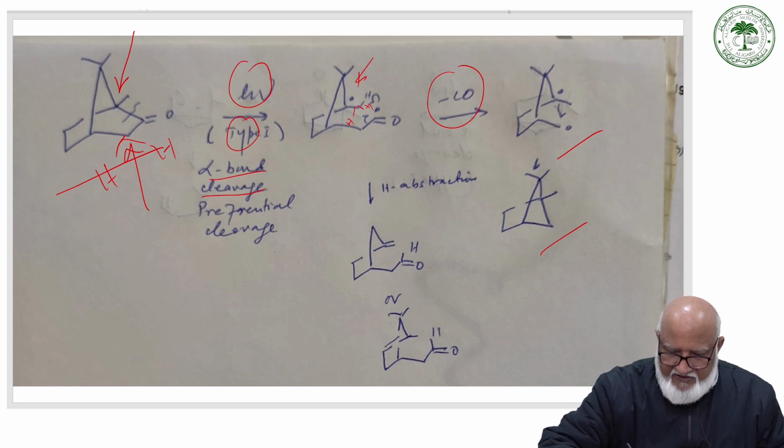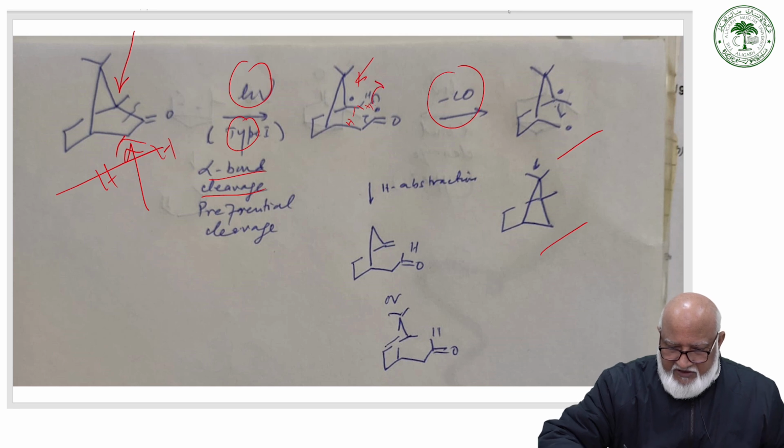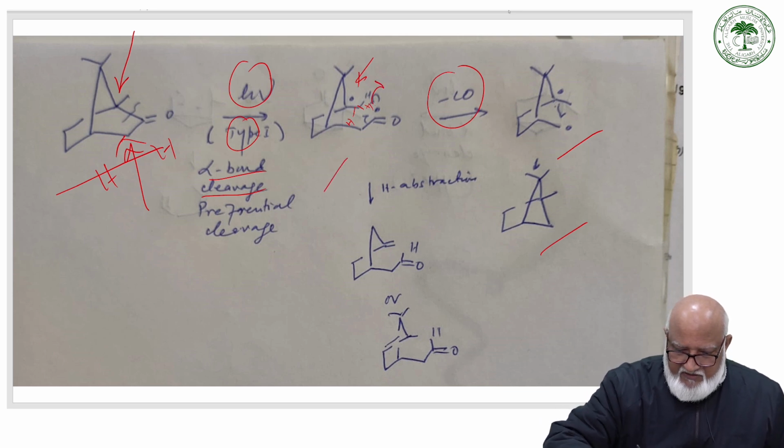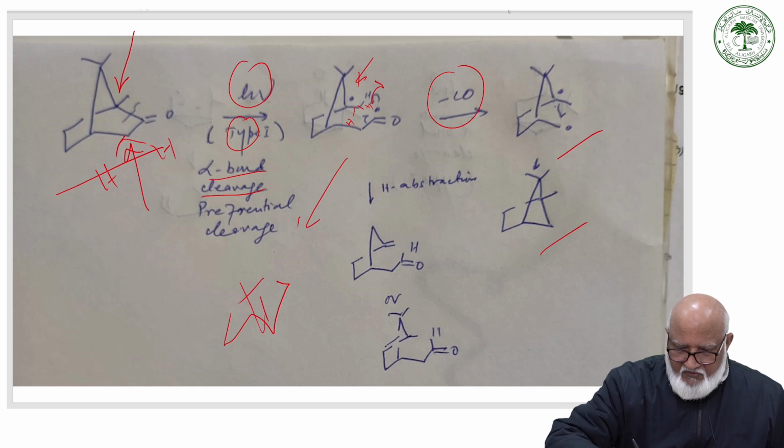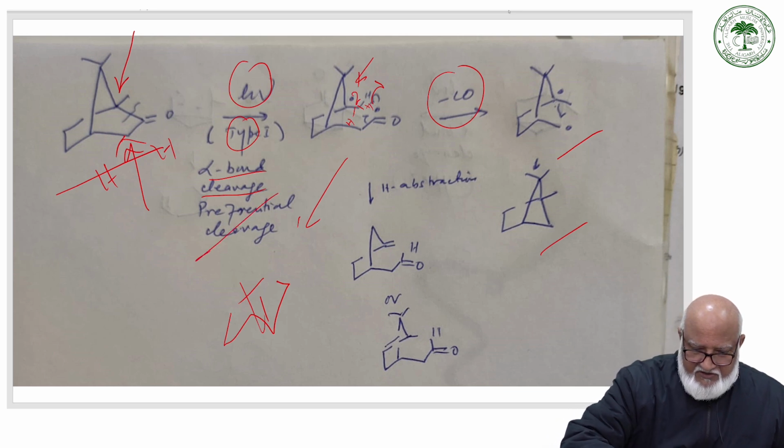So this acyl radical will abstract a hydrogen to generate a CH2 radical here, and then this will form a double bond.